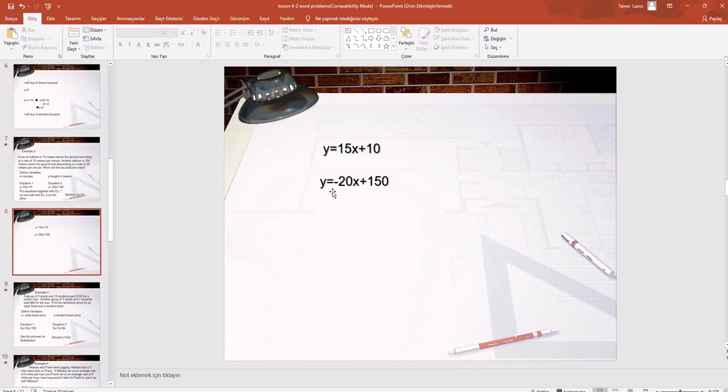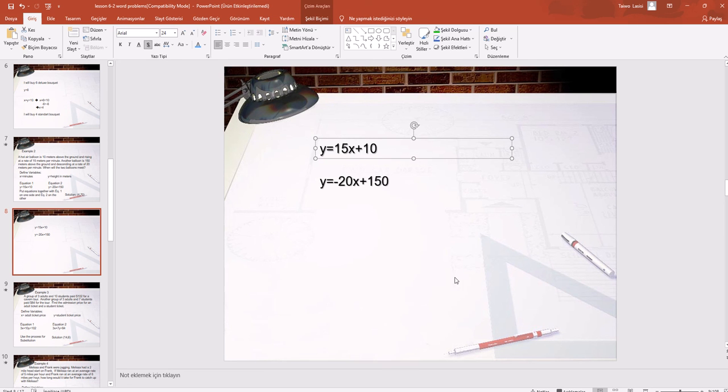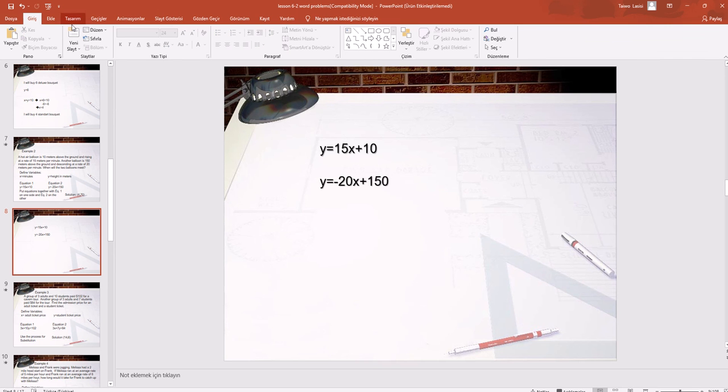Now, in these two equations, what do I have to do? Who is going to tell me? How can I solve these two equations? They are the same. You can just subtract y from each. Or I can set them equal, because both of them equal y, which means both of them should be equal.